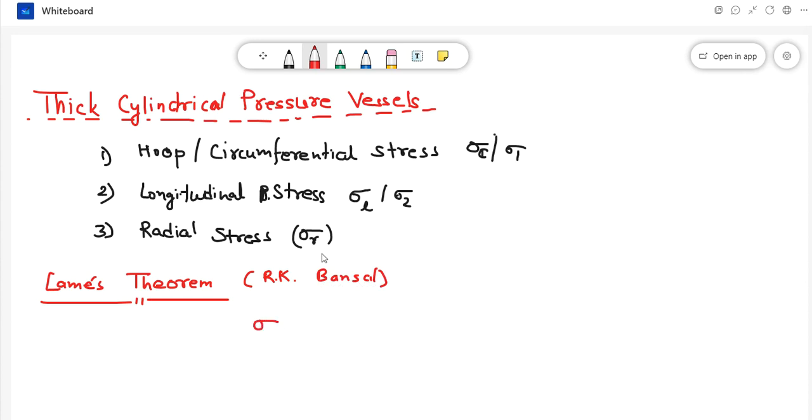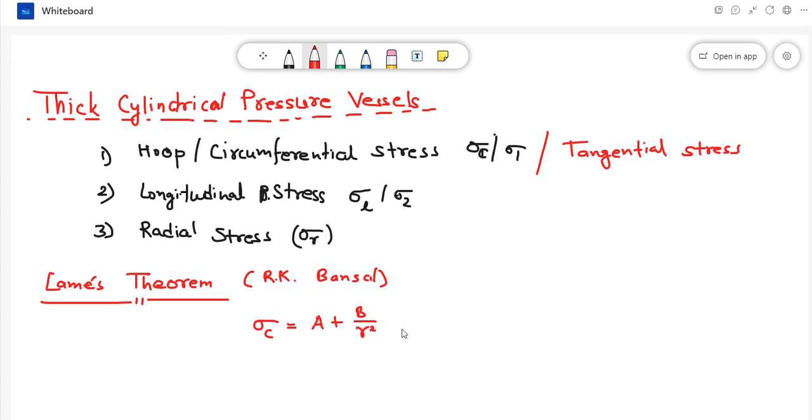Circumferential, or the third name of this I will also write, tangential. So all these three names are applicable for hoop, circumferential and tangential stress. All are the same. So the formula for circumferential or hoop stress, according to Lame's theorem in thick cylindrical pressure vessels, is sigma C equals A plus B by R square.